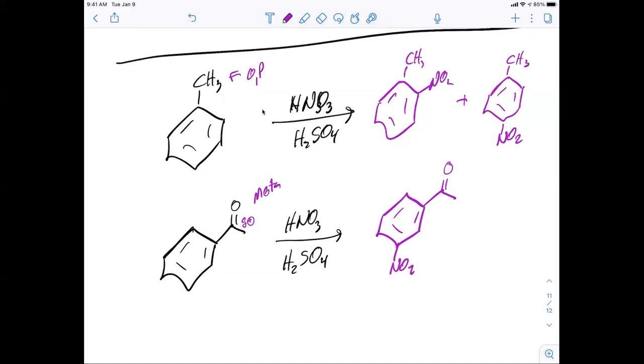So don't look at the final product, the nitro, and say, well, the nitro is meta, I should add it. No, no. The toluene is already attached. It has control, so it's an orthopara director. The methyl is going to add orthopara. And the second one, we have a meta. Both of these can add. Now, as far as which of these two reactions would occur faster, which one's going to occur faster?